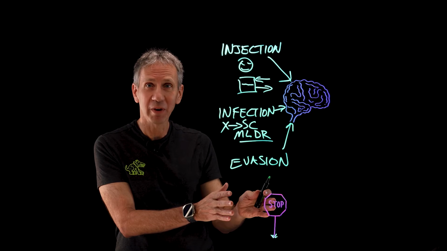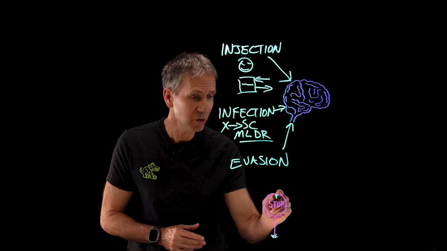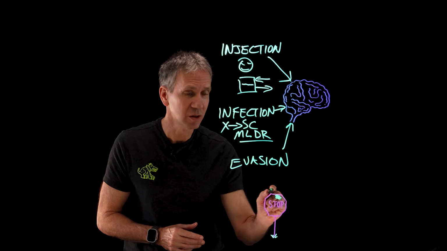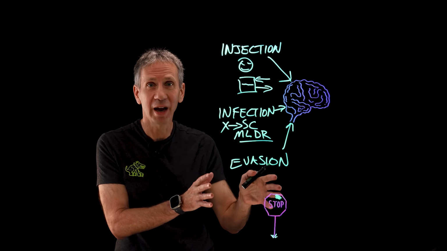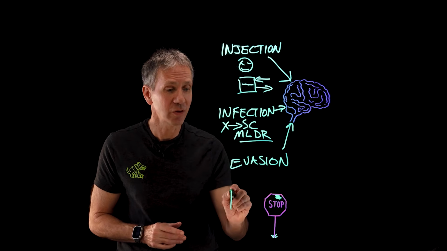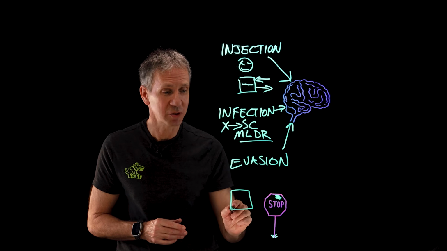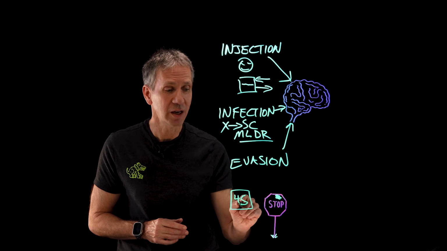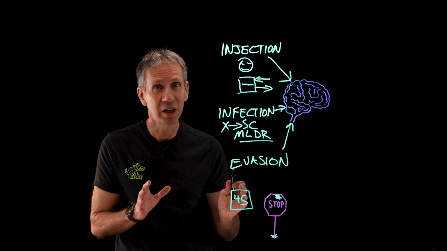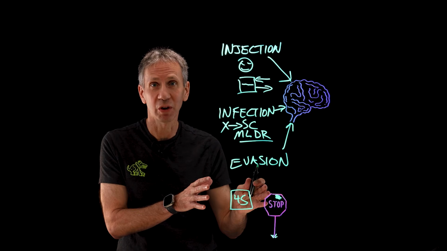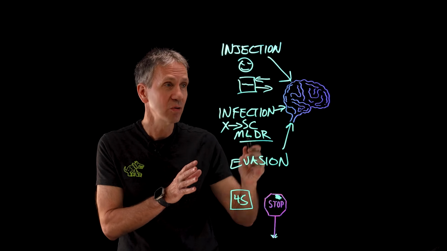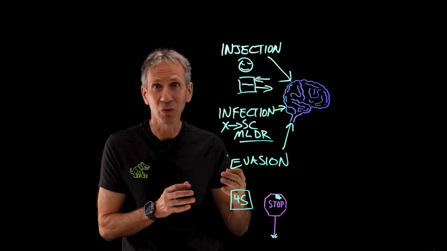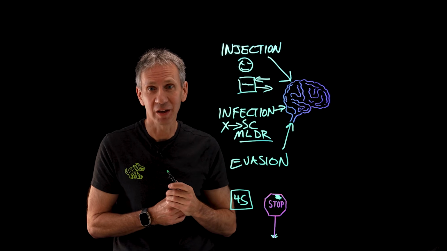And normally it would recognize the stop sign, but someone came along and put a small sticker, something that would not confuse you or me, but it confused the AI massively to the point where it thought it was not looking at a stop sign, it thought it was looking at a speed limit sign, which is a big difference and a big problem if you're in a self-driving car that can't figure out the difference between those two. So sometimes the AI can be fooled, and that's an evasion attack in that case.